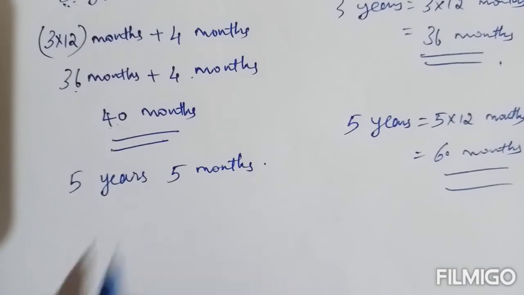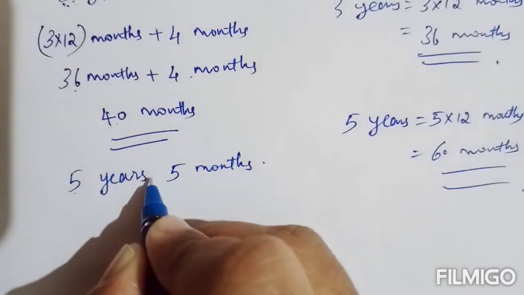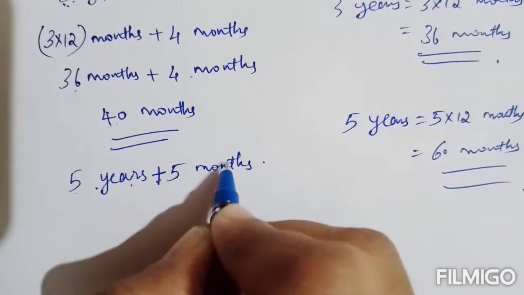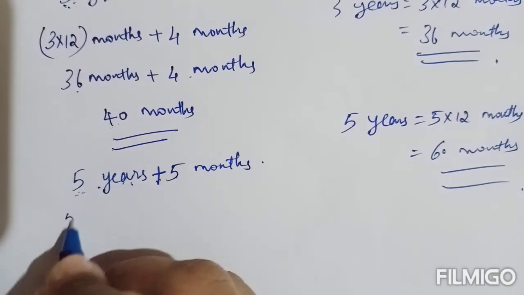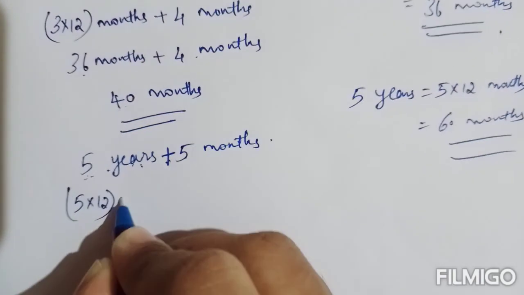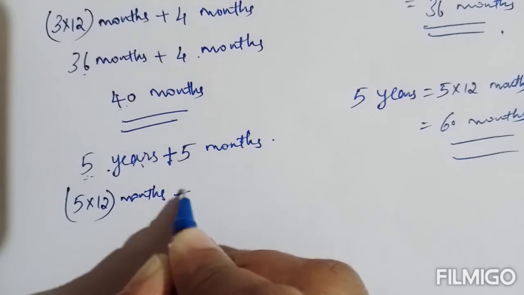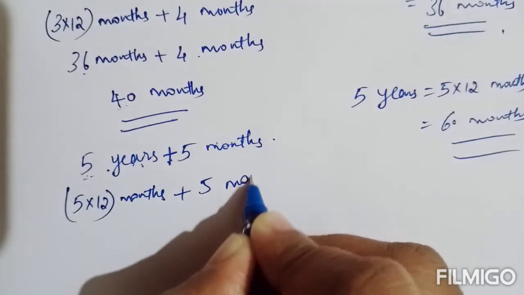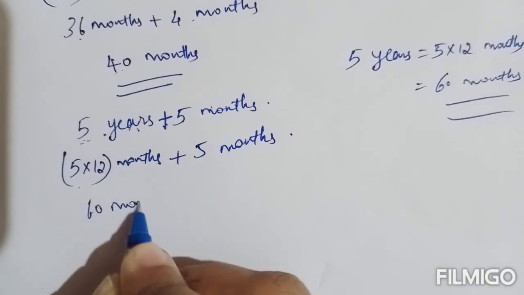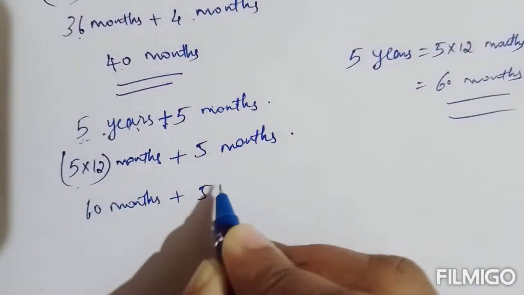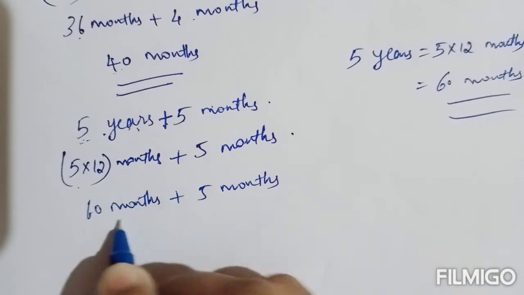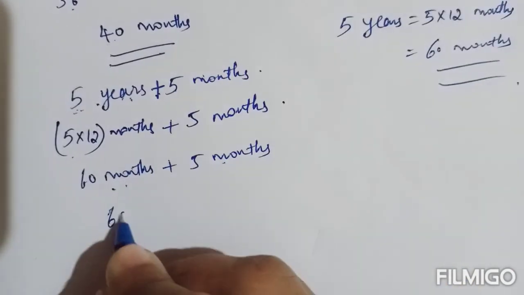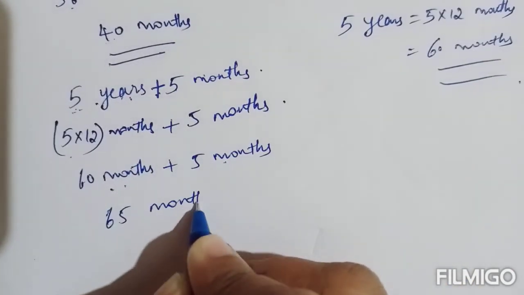Okay, so 5 years 5 months we can split like this: 5 years plus 5 months. 5 years is 5 into 12 months plus this 5 months. 5 into 12 is 60 months plus 5 months. Now adding these two, you will get 65 months.